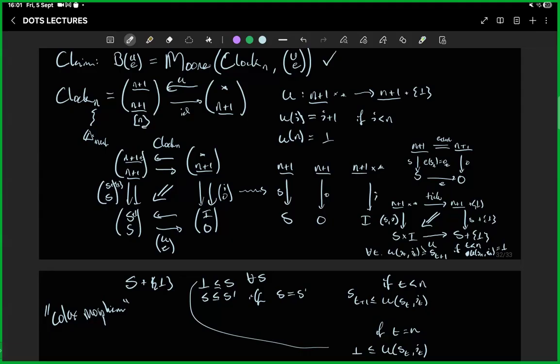So maybe I'll use more colax. Now one thing I'll have you note is that with this notion of morphism, any sub-inclusion gives us a morphism of clocks. Therefore, we get a nerve.